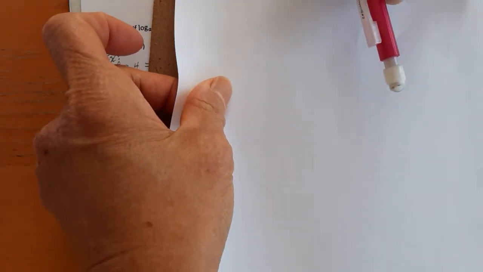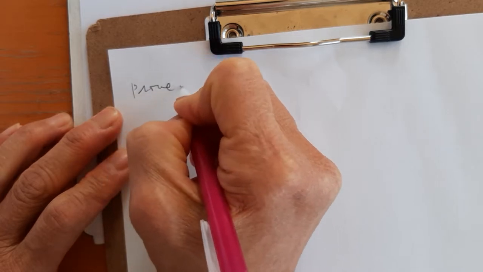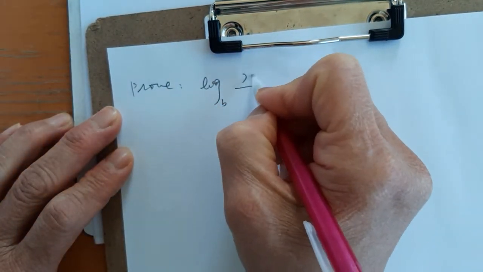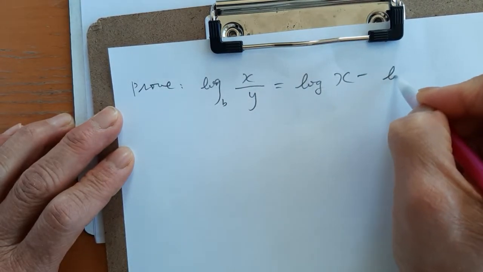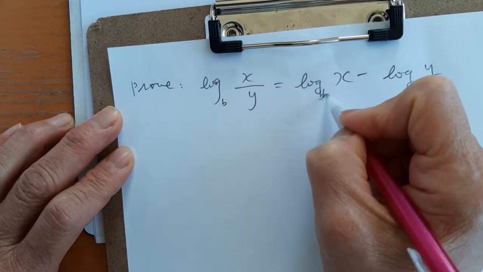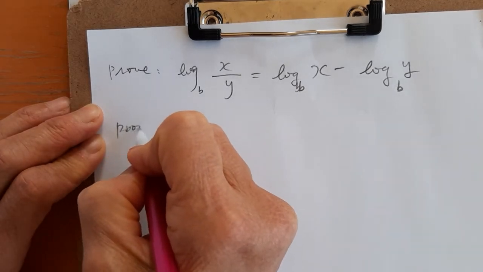Prove the quotient rule. Log base b of x over y is log x minus log y. Subtraction, base is b. Now, how to prove it?